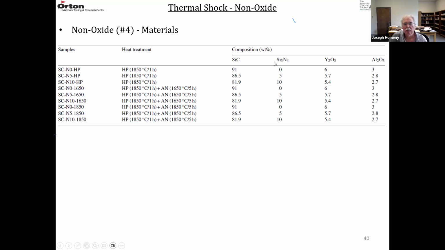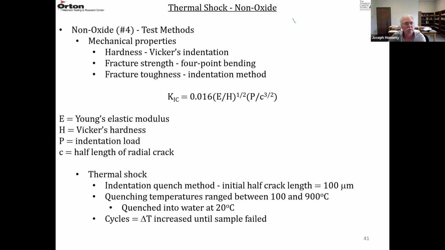But this time the post-heat treatment, AN just means annealing, was at a higher temperature, 1850 degrees C for 5 hours. Same temperature as the hot pressing temperature. So the idea here was to grow an in situ type microstructure with elongated crystals.